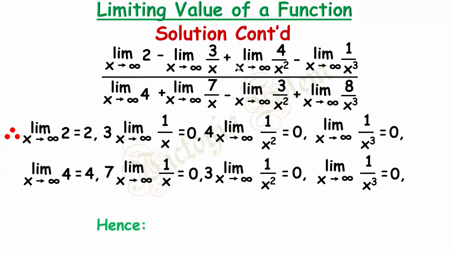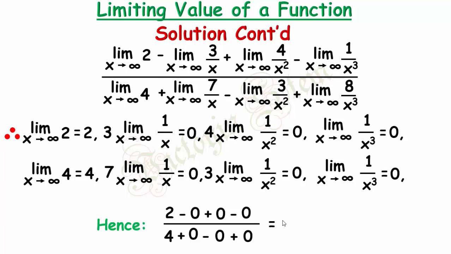Hence, this algebraic fraction reduces to 2 minus 0 plus 0 minus 0 divided by 4 plus 0 minus 0 plus 0, and we can write it in a clearer term as 2 divided by 4.